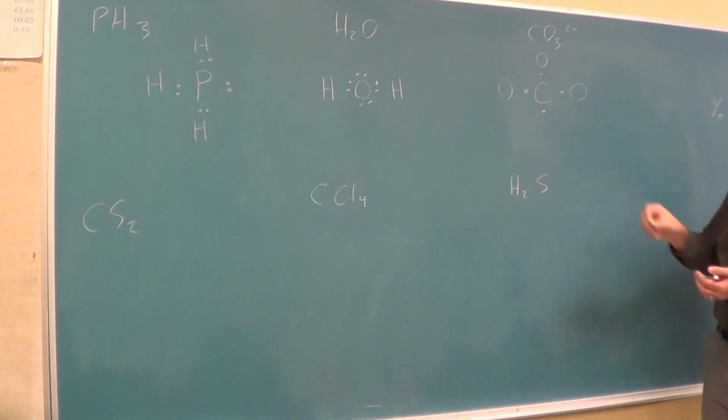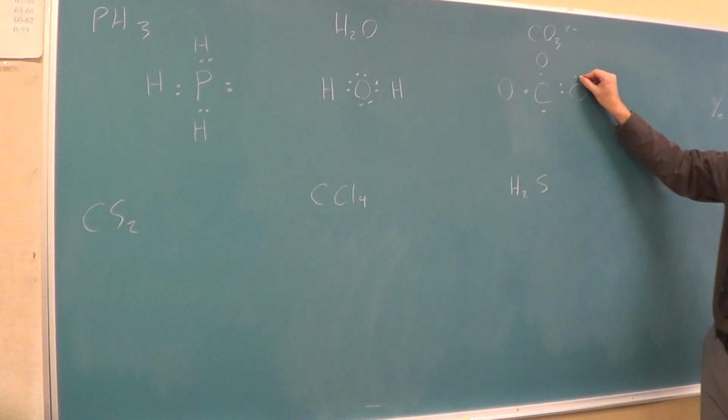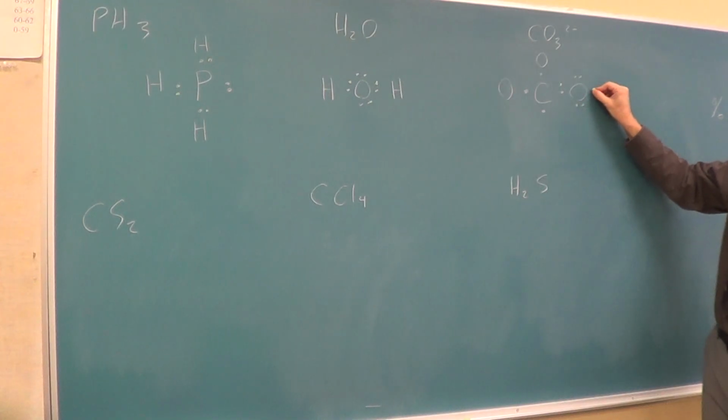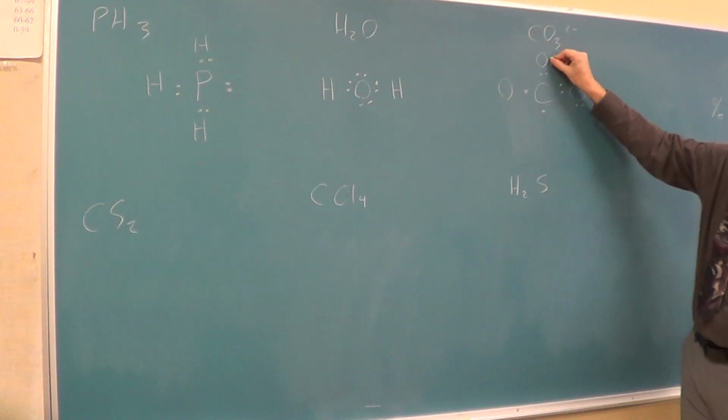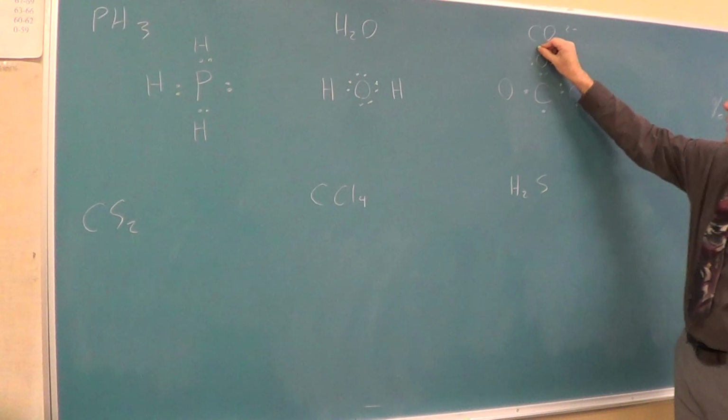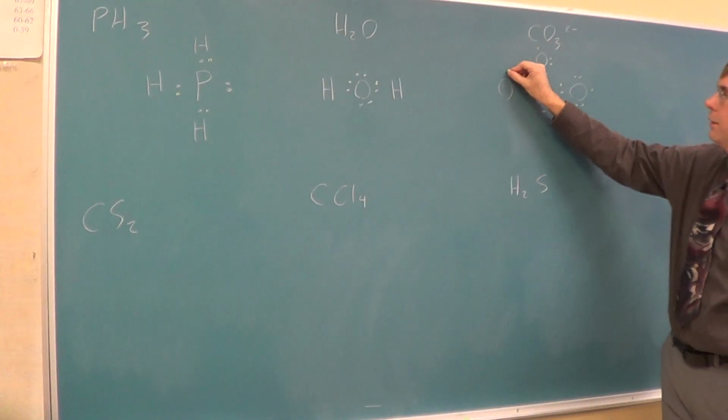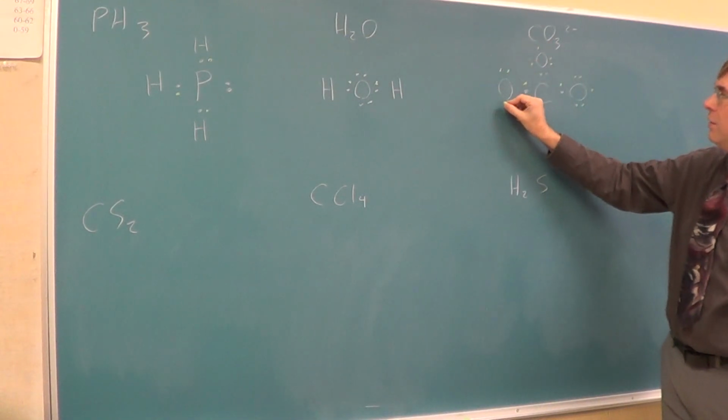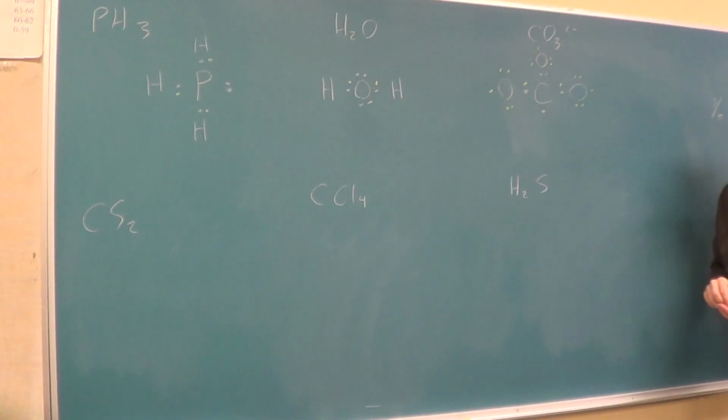O's come bringing 6 each. So 1, 2, 3, 4, 5, 6, and the same on each of the other two. The one with the C could go with one of the O's.